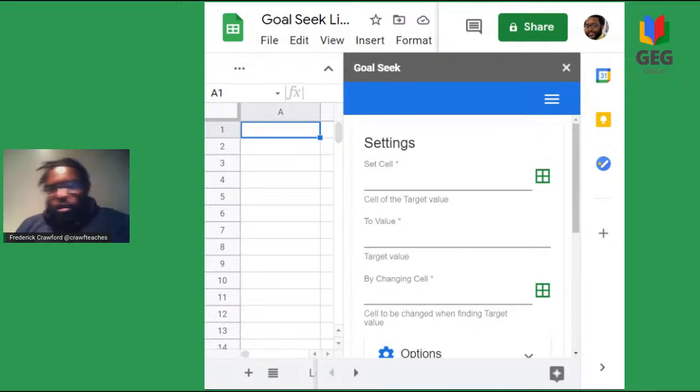Why GoalSeek? GoalSeek is another way to differentiate. And what I mean by differentiation is just another way to teach the same thing that might interest somebody else.